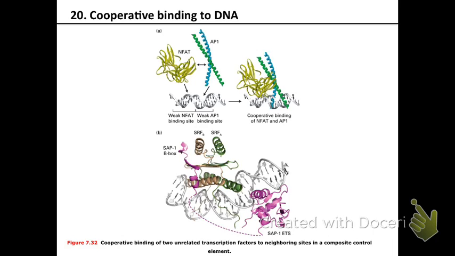So a weak site means these have DNA sequences that are kind of okay for the transcription factor to bind, but they're not optimal. They're not very similar to the consensus sequences that are bound by these transcription factors. So they're kind of weak. So their binding is not going to be very strong.